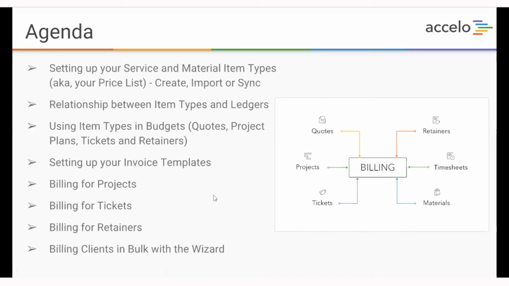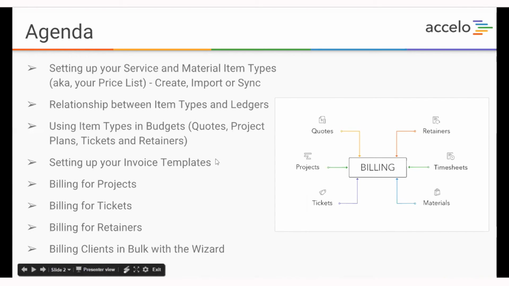This isn't hardcore accounting. This is just the stuff that you already do with your invoicing. And then we're going to talk about how we bring those price list or service and material items together into your budget processes, so you can use them confidently with projects, quotes, project plans, tickets, retainers, and even project templates.